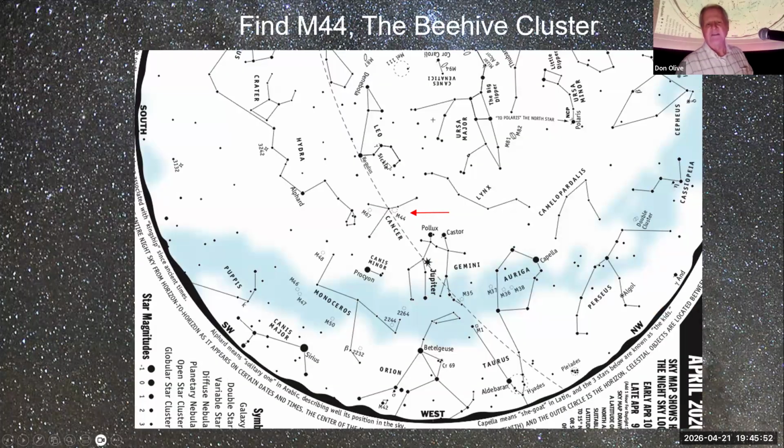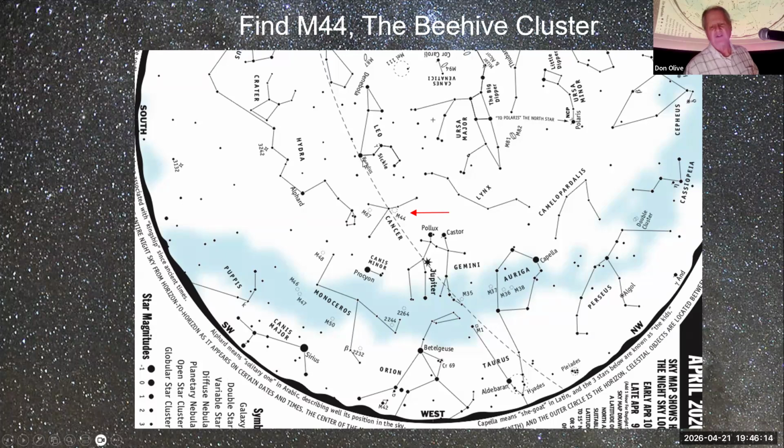All right, so how do you find these things? Once again, looking back towards the west, you're going to see Pollux and Castor. These two stars are going to be obvious. Now, you won't see Cancer at all, but you will see this star called Regulus. It's a nice bright star at the very base of the main line.